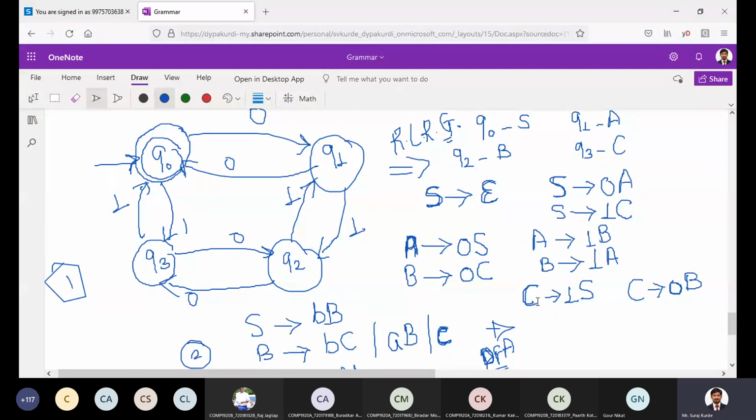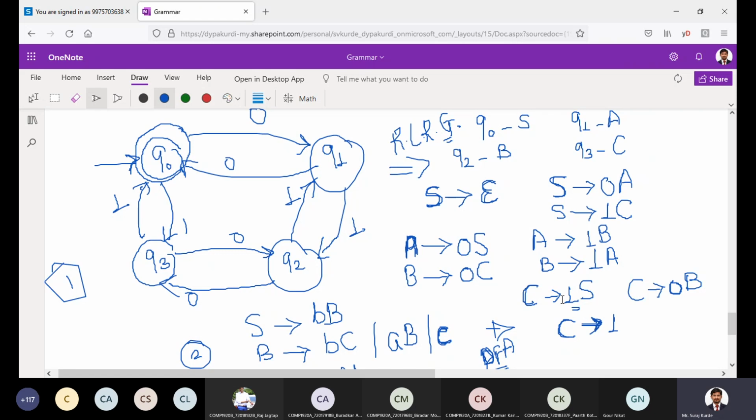From Q3 we are moving to a state that is both final and initial. For the initial state we have added a transition. What about the final state? It should be C producing 1. If it is a final state, then it should be C producing 1.